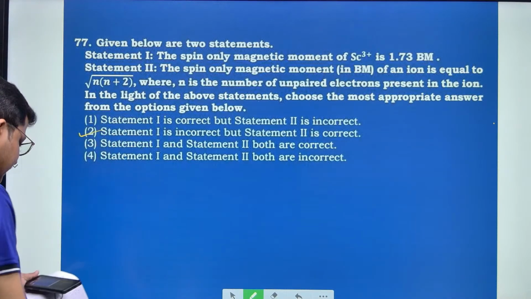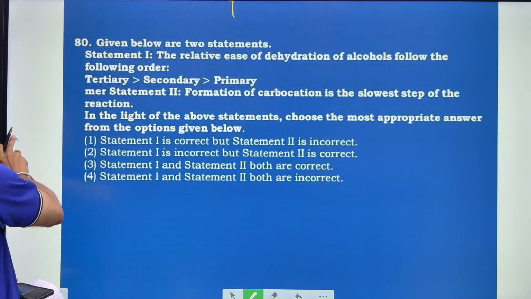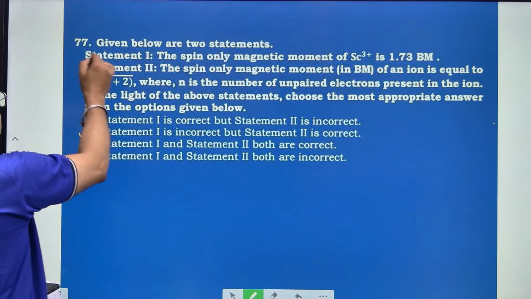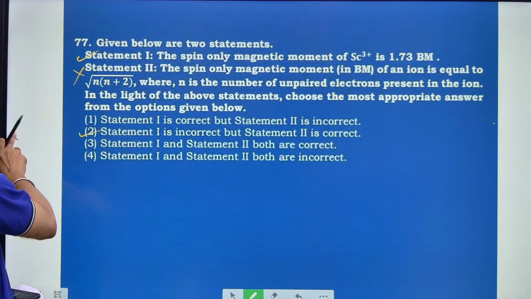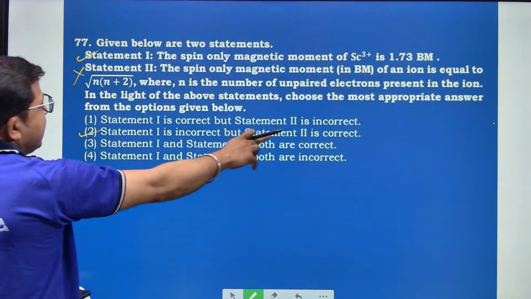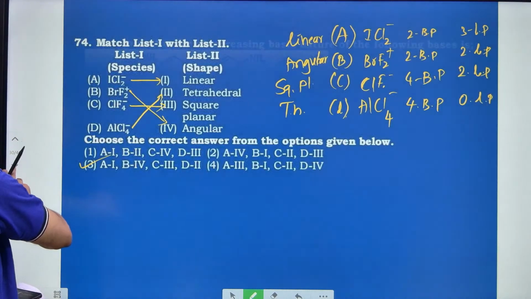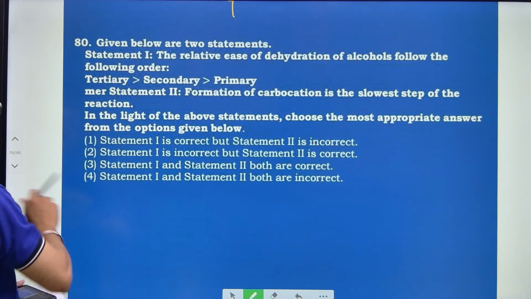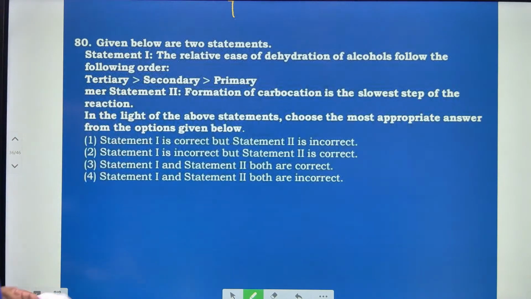Exactly, 77 question. Thank you. 77, statement 1 is right and statement 2 is wrong. Exactly correct. And the option is also right. Statement 1 is incorrect and statement 2 is correct. 78, 79, 80. Yes, now I got your point. Thank you.